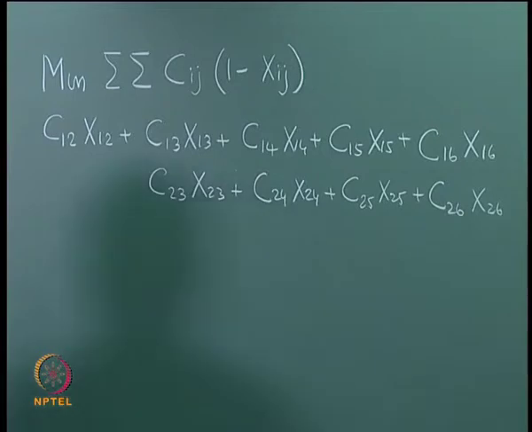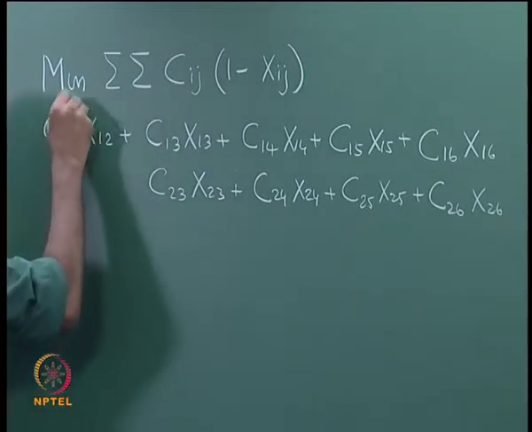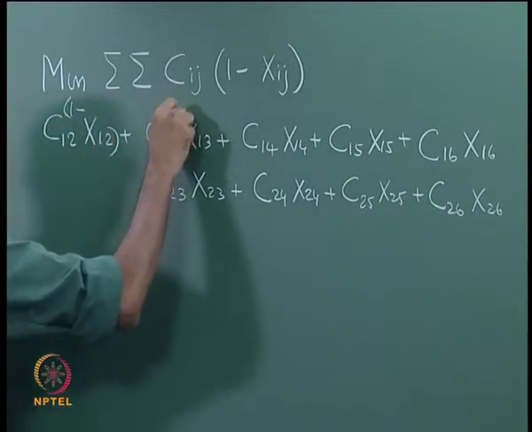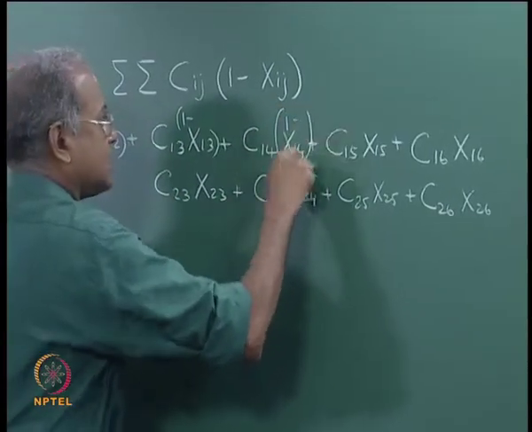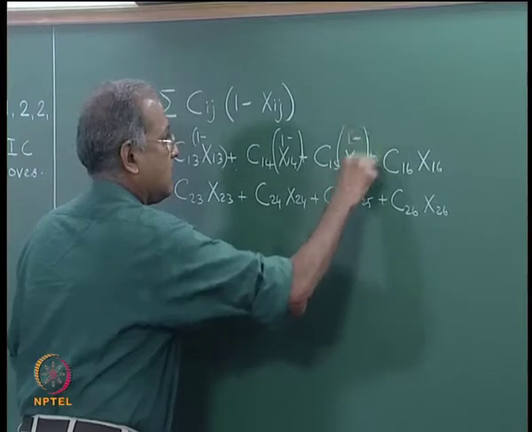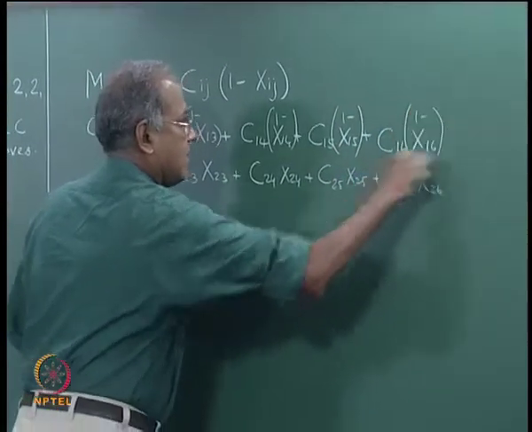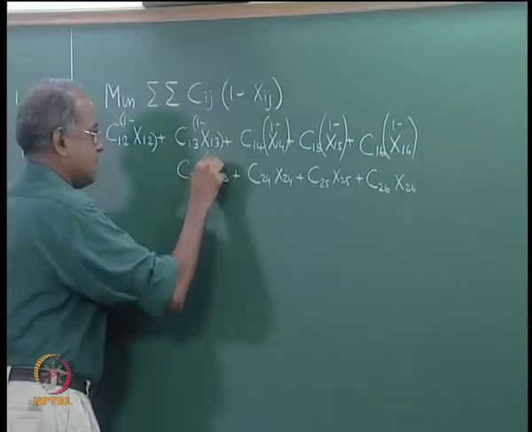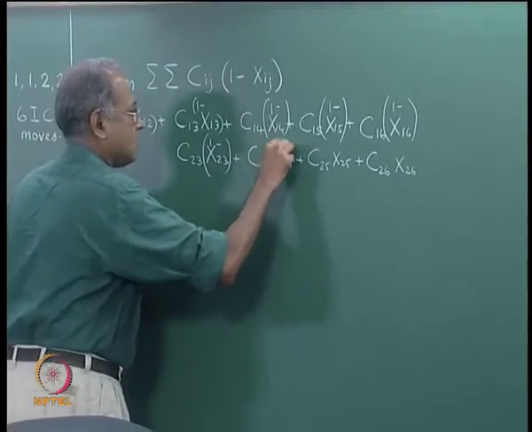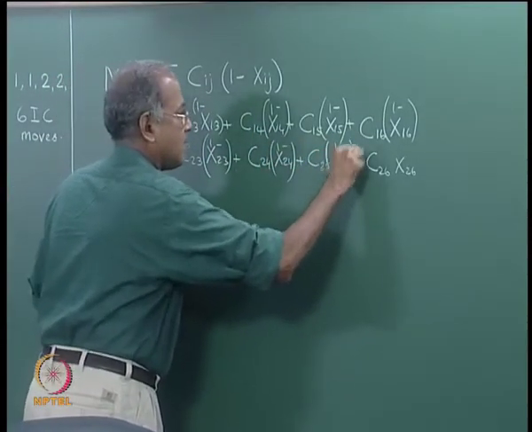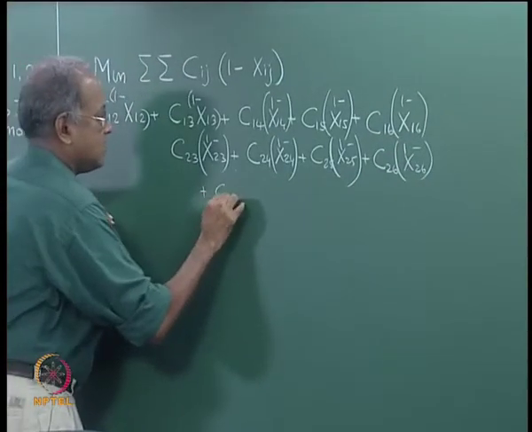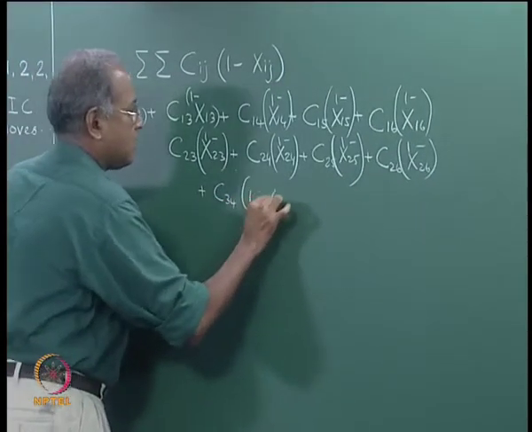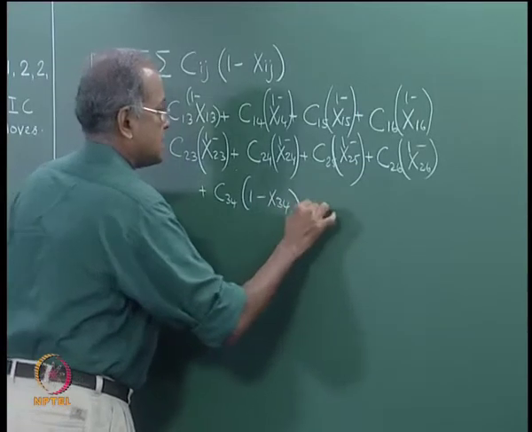So all these will be written as 1 minus x12, 1 minus x13, 1 minus x14, 1 minus x15, 1 minus x16, 1 minus x23, C34 into 1 minus x34.